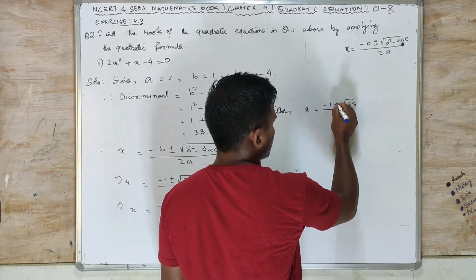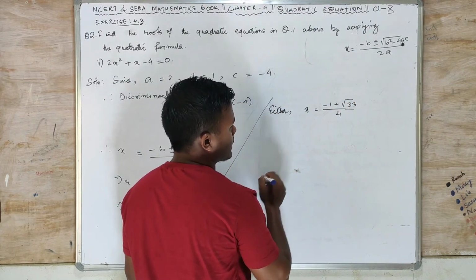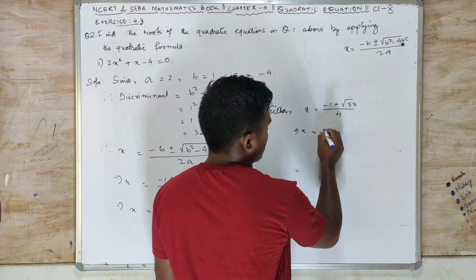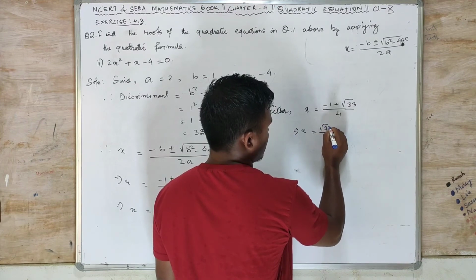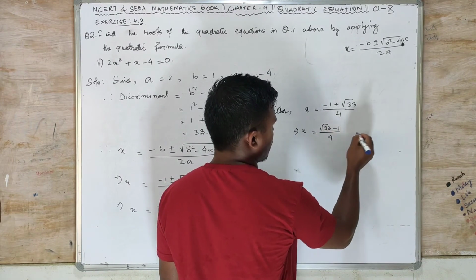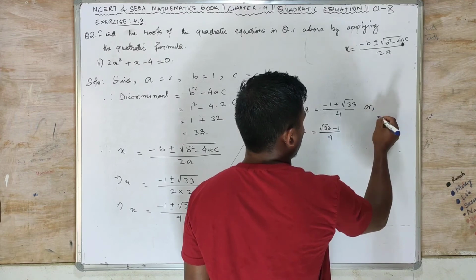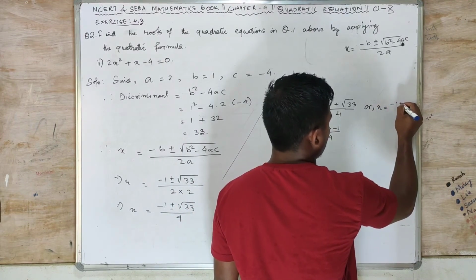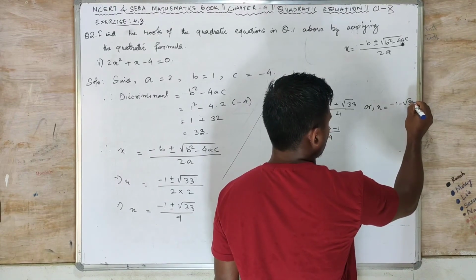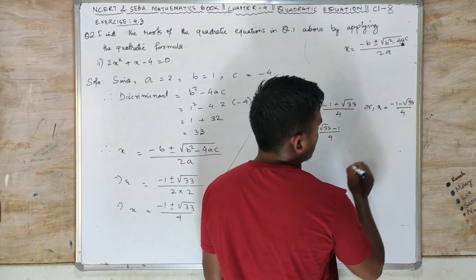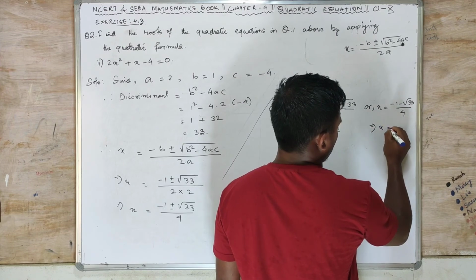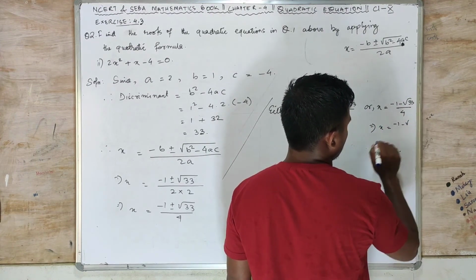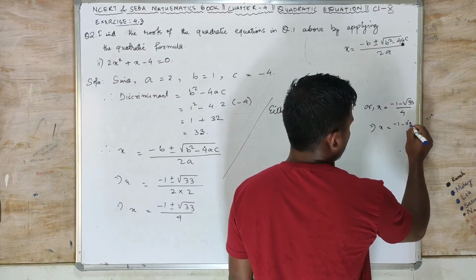Let me take first positive, and then you can write it x is equal to root over 33 minus 1 by 4, or another one, x is equal to minus 1 minus root over 33 by 4.